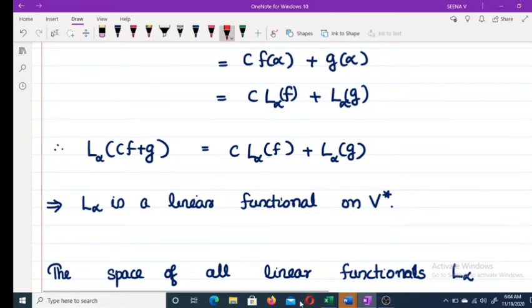Suppose f is a linear functional on V, then we call f belongs to V star.